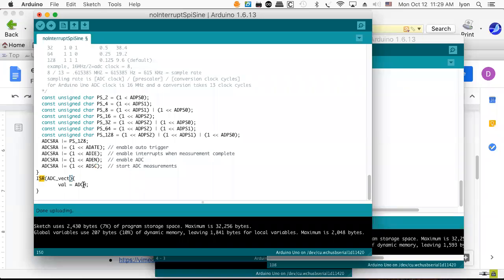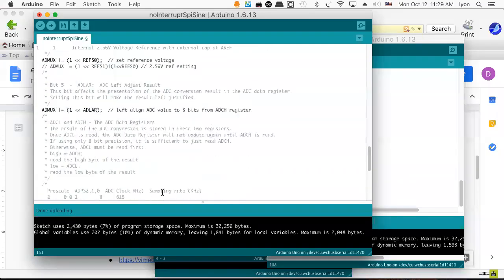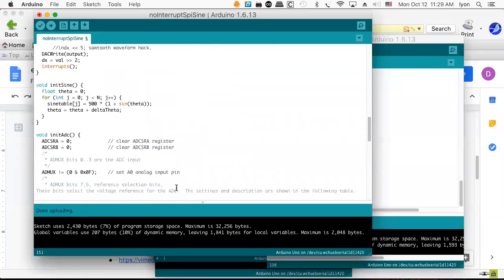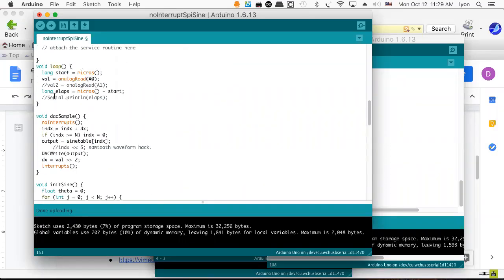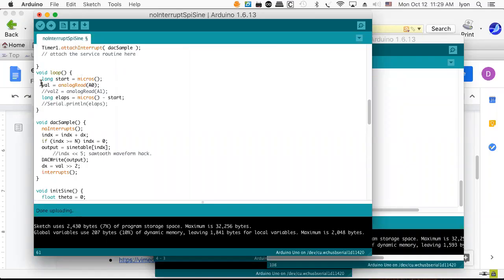What you're going to do is grab the most significant 8 bits, because you've already shifted things to the left by 8 bits. You put it into your value instead of what's here in the loop, where we had something on the order of analogRead.